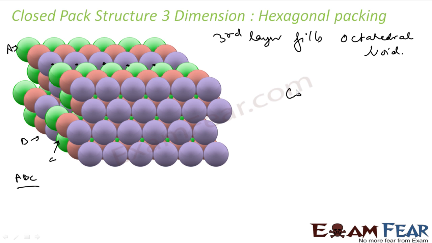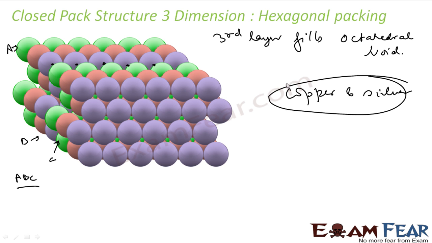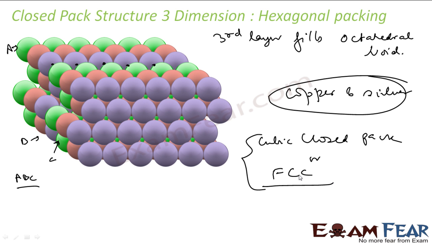This is exhibited by copper and silver. Right? This is called cubic closed pack, or it's also called face centered cubic structure. Face centered cubic structure. This is what it is called.